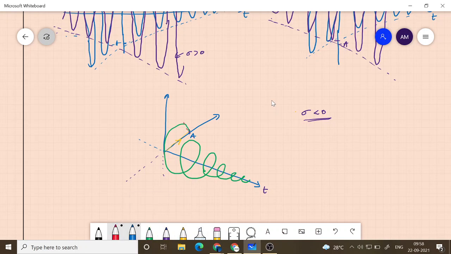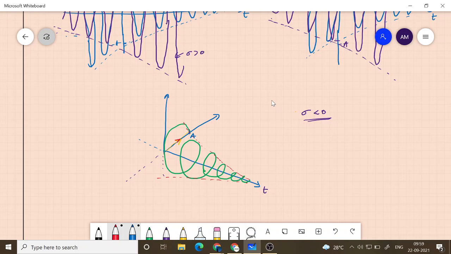There is a 3D plot where you have something like a vortex. It just reduces the vector which is rotating.